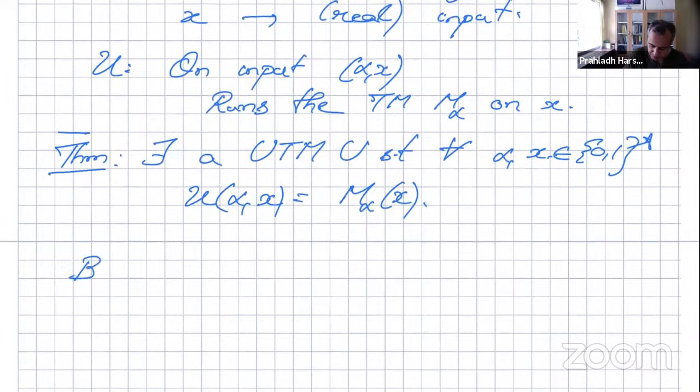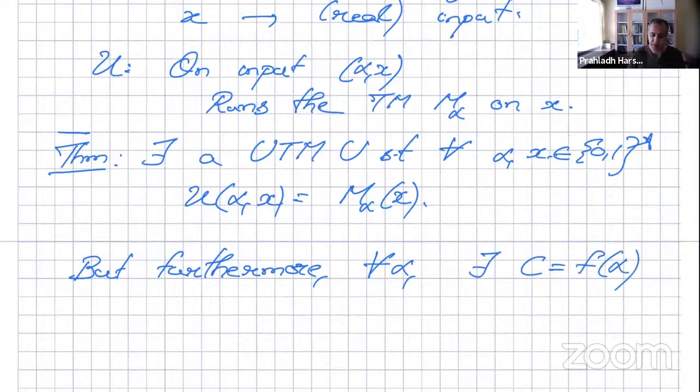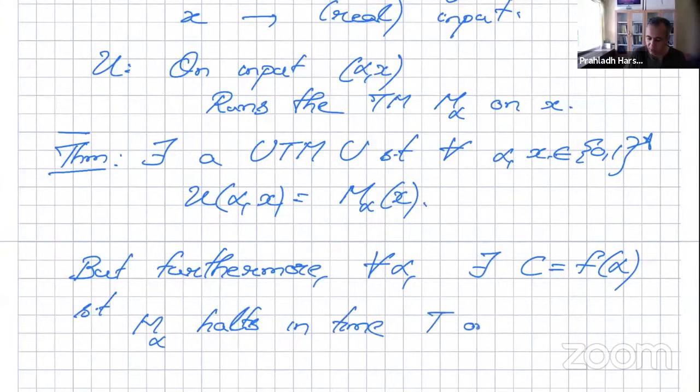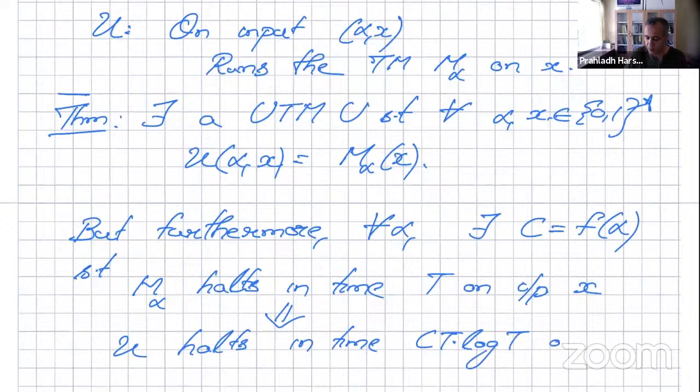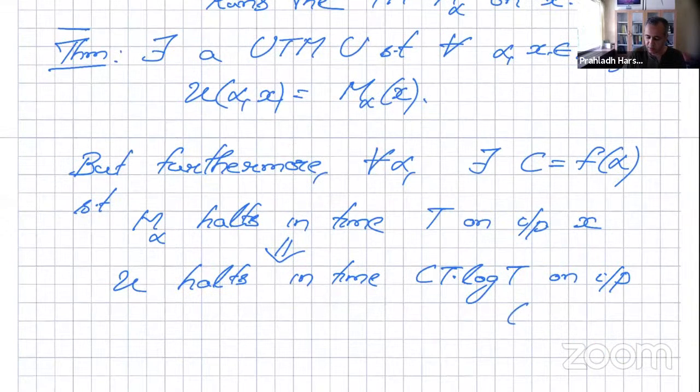But furthermore, for all alpha, there exists a constant c, which is just a function of alpha, such that if M alpha halts in time t on input x, then U halts in time c t log t on input alpha comma x.